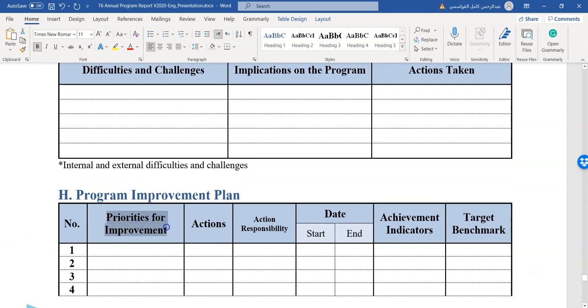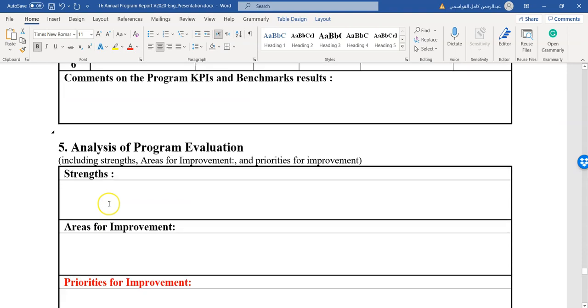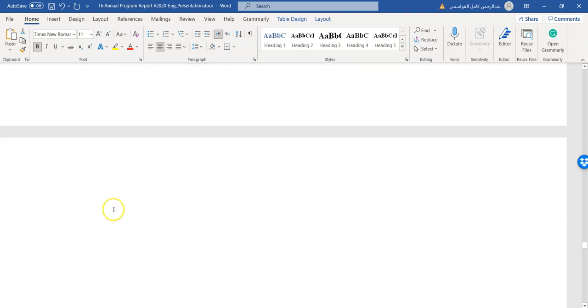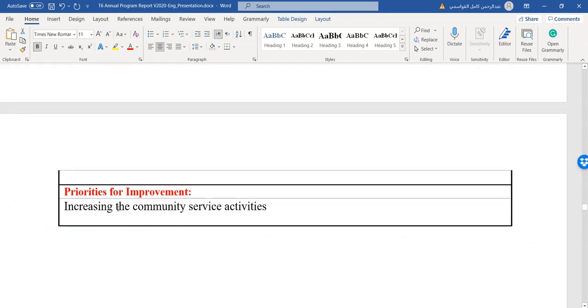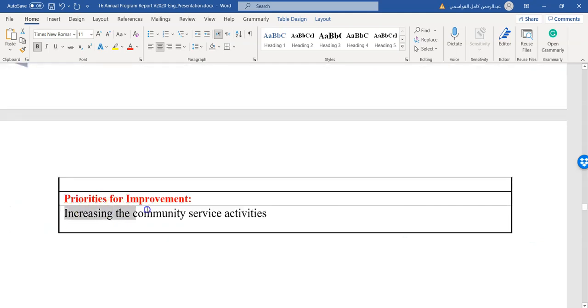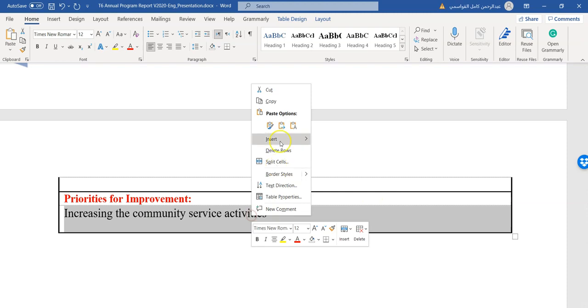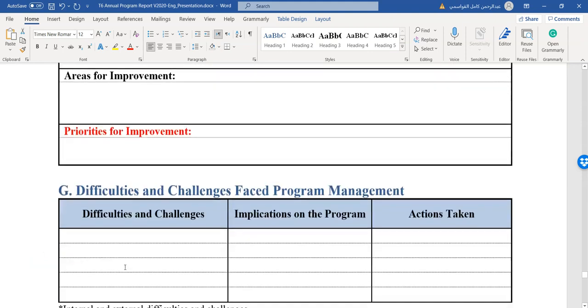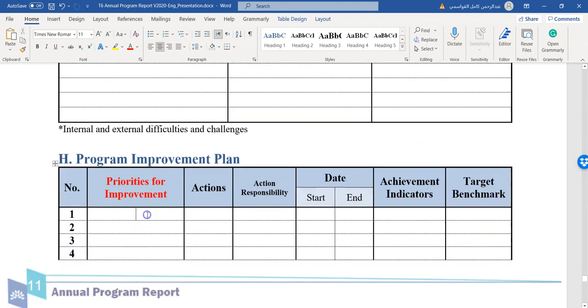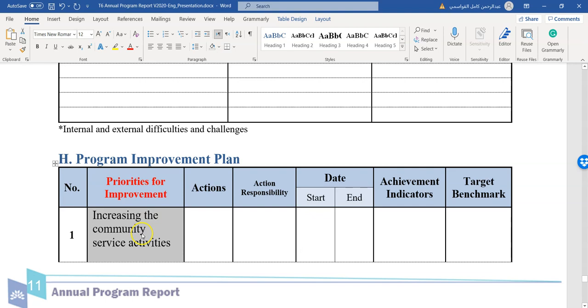This is priorities for improvement, priorities for improvement, and so on. So for example, if you have increasing the community service activity, you make a copy and put it in your improvement plan down here. This is the increasing.